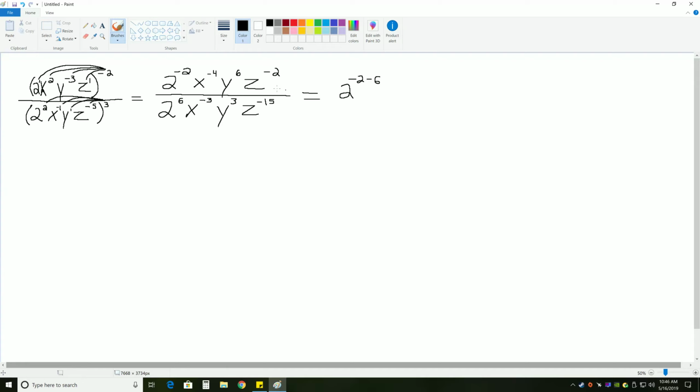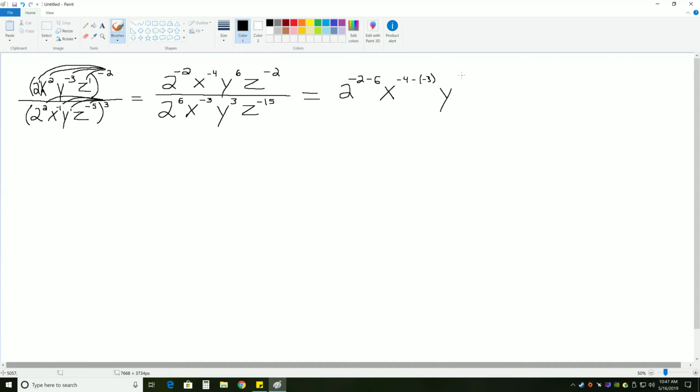And again, we have x as our next term, and we always take the numerator's exponent and subtract the denominator's. So we have negative 4 minus negative 3, so we're going to put that in parentheses. Now we have y.